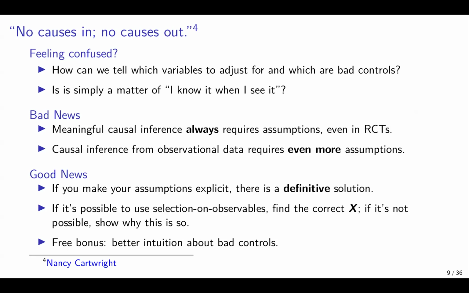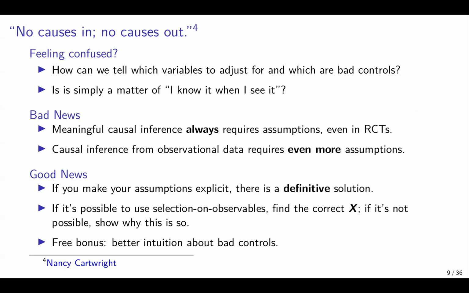Well, should we just give up? Perhaps we could give up if we like, but there's a better way, and that is to try to write down our assumptions. So if you are willing to make your assumptions explicit, then there is a definitive solution to the question of whether something is a good control or not. So if it is possible to use selection on observables, and you've written down all your assumptions explicitly, it is possible to find out what the correct set of x variables to adjust for is.